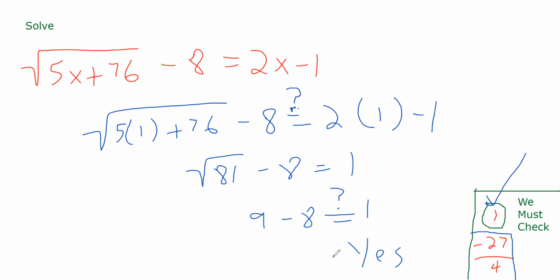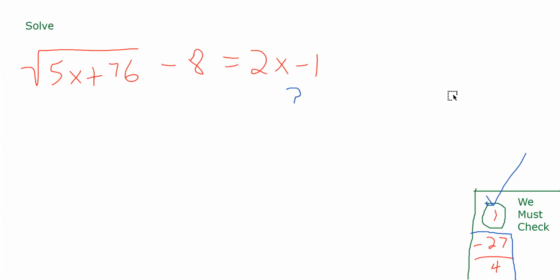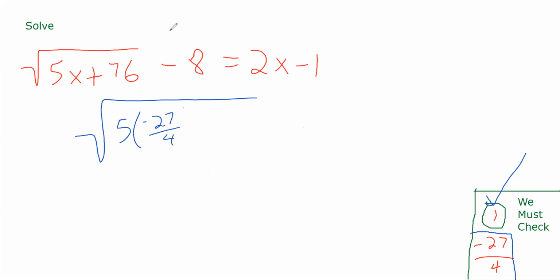Now, negative 27 over 4 is going to be the more interesting one because it involves fractions. We're running a little short on time, so we'll speed through it. Things are going to get nasty pretty quickly.